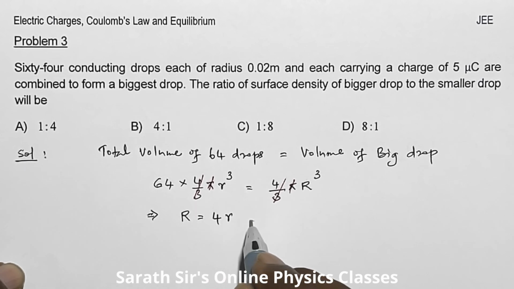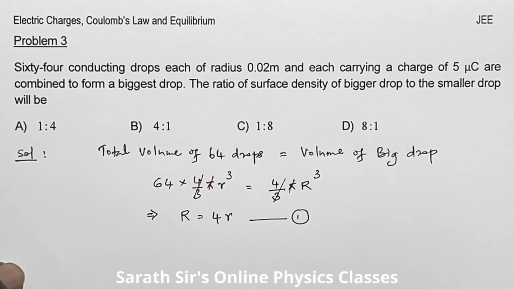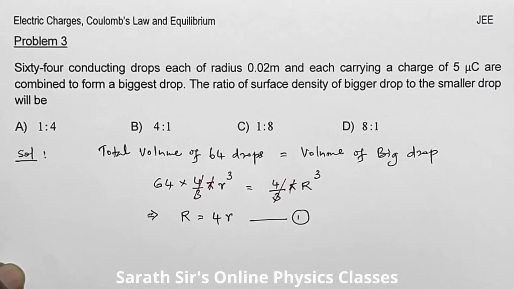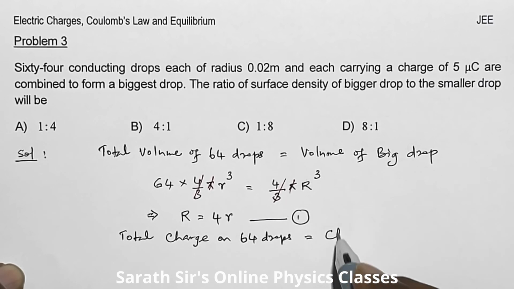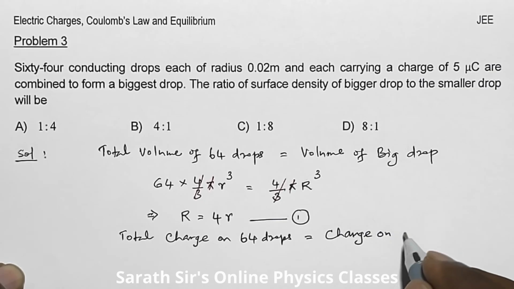4r. So this is the capital R, radius of a big drop. And next, each drop is having a charge. So if we club 64 charged drops, the total charge on 64 drops is equal to the charge on the big drop.